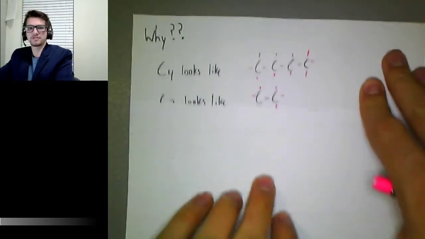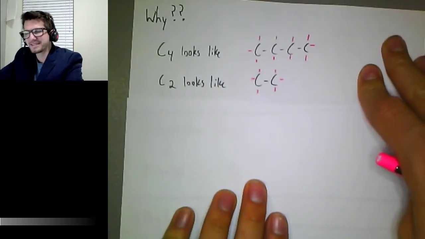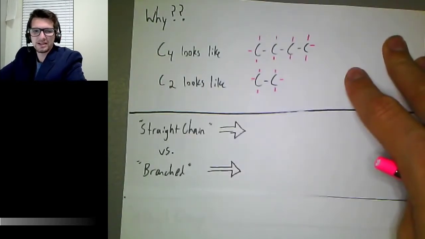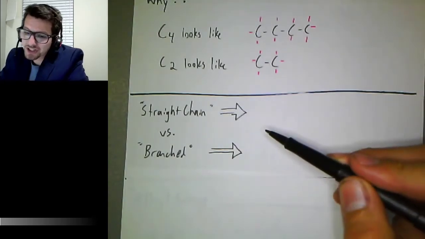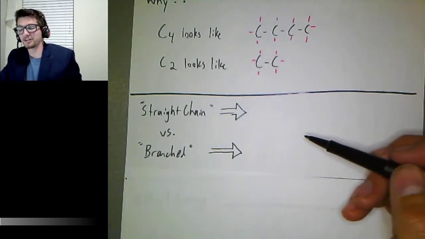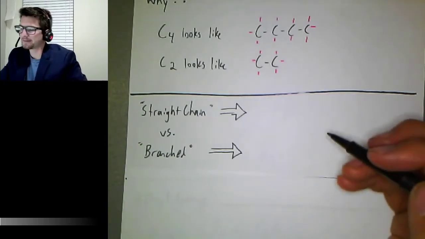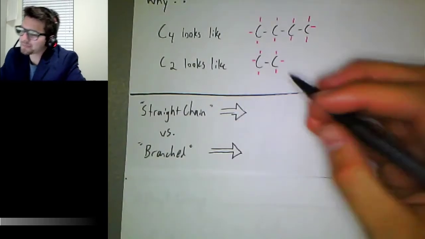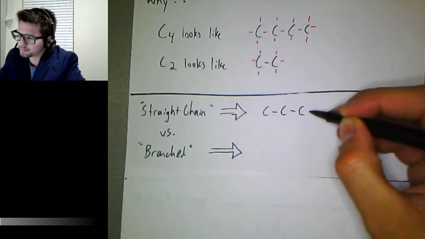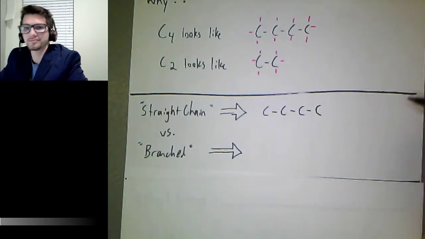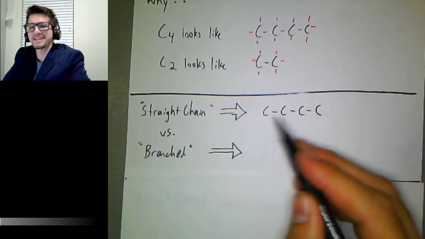All right, so now that we kind of know how to name these, let's talk about two terms we're going to start seeing. There's something called straight chain versus something called branched. Straight chain would look like this. Okay, carbons in a straight line.